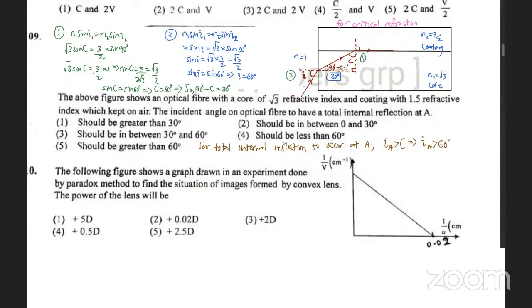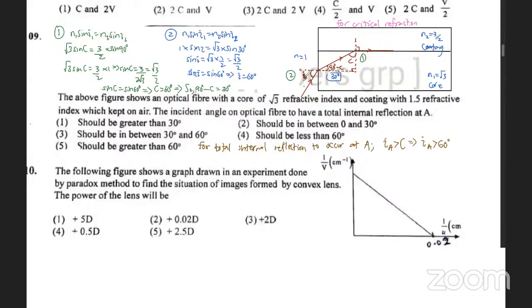Is it okay if it is less than 60? No, wait. When this angle is greater than 60, this angle is less than 30. When this angle is less than 30, this angle is going to become less than 60. So as long as this is less than 60, it's fine, no, people?